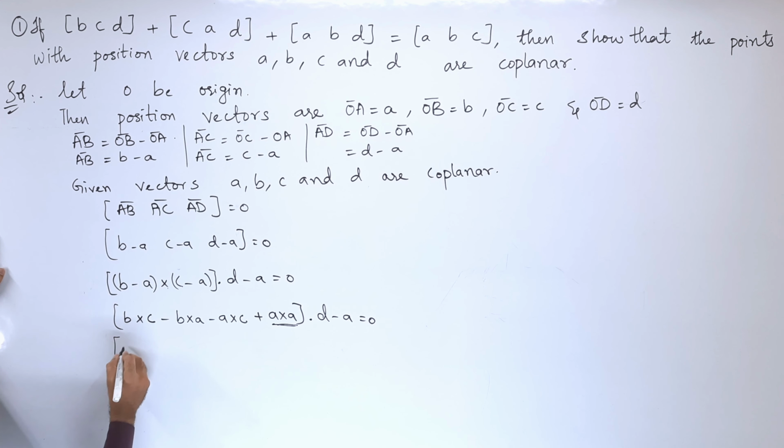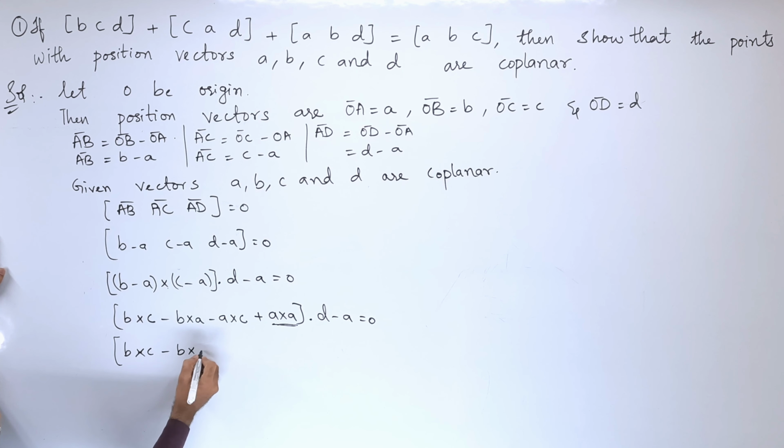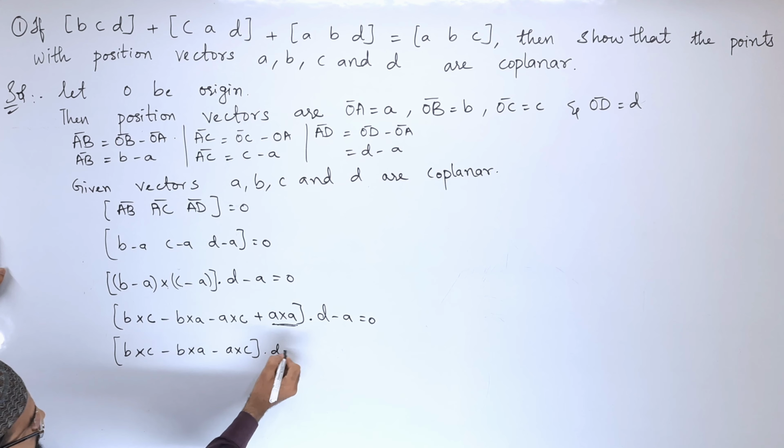We can write B cross C minus B cross A minus A cross C, dot D minus A.